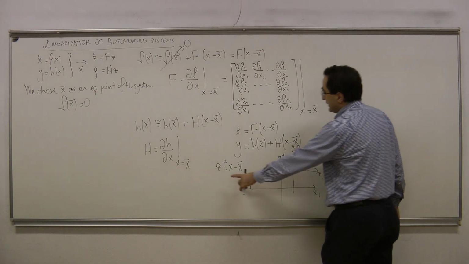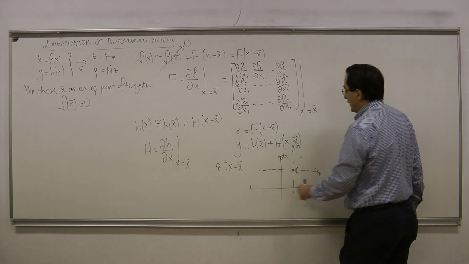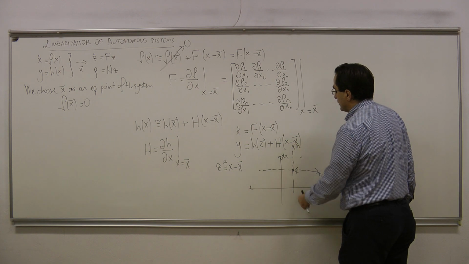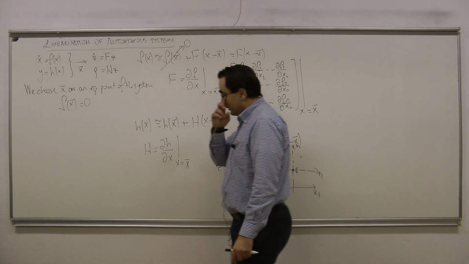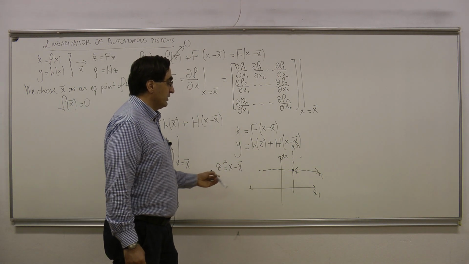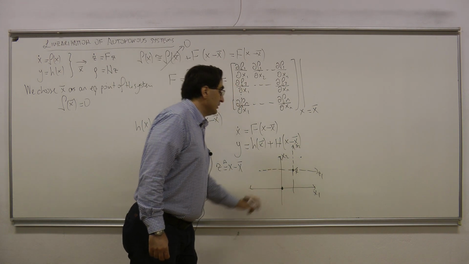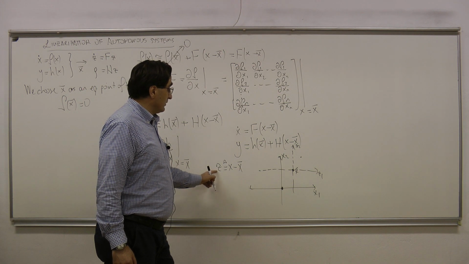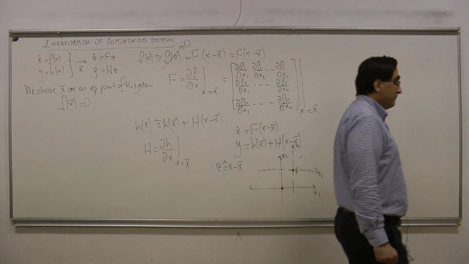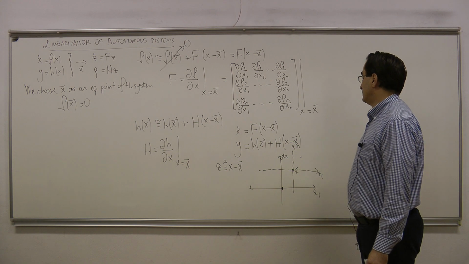Okay? So making this definition and using this variable z means that from this point on, I am considering my state values with respect to these new state variables. Okay, so this is nothing but the shift of the origin from the origin of the x1, x2 plane into the equilibrium point.